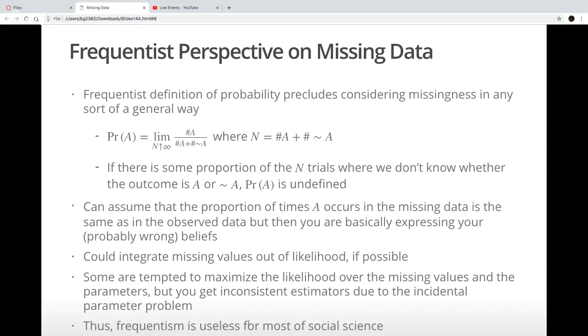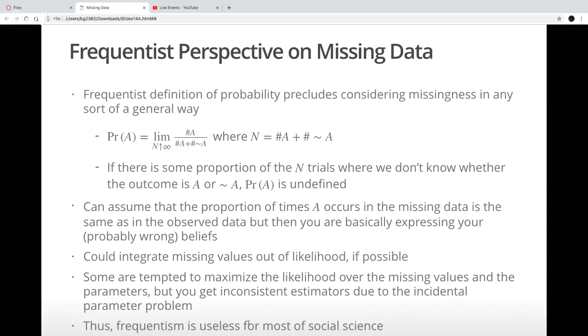And so the frequentist probability, when they were coming up with it, was not intended to be used in situations where the person doing the experiment might not know the outcome of the experiment. But when you extend it to observational data and other things that social science started to become after 1950 or so, it's totally possible that you might not be able to evaluate your frequentist estimator due to having missing data.